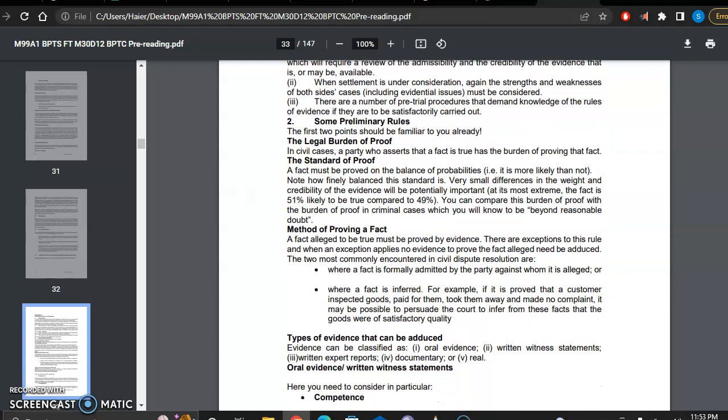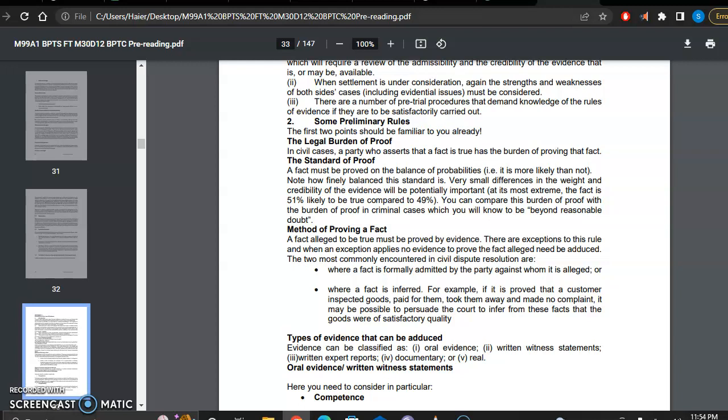The legal burden of proof. In civil cases, the party who asserts that a fact is true has the burden of proving that fact. If a party says that something is like this, that party has to prove whether that thing is like this or not.